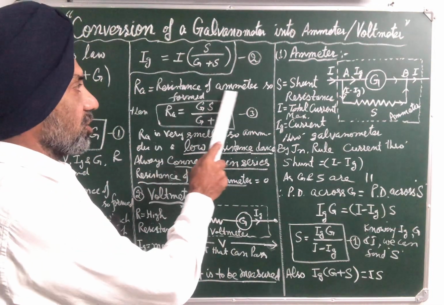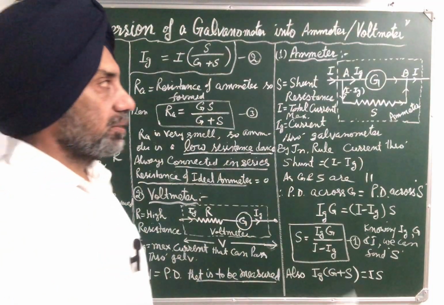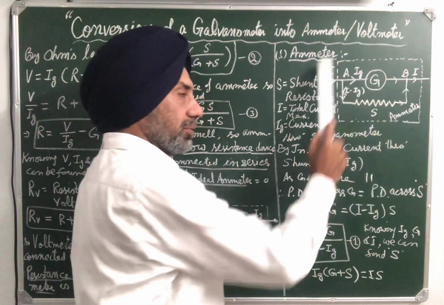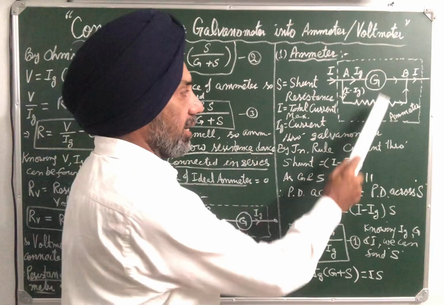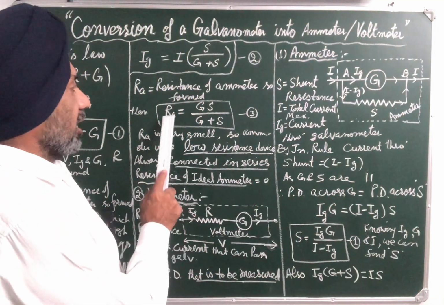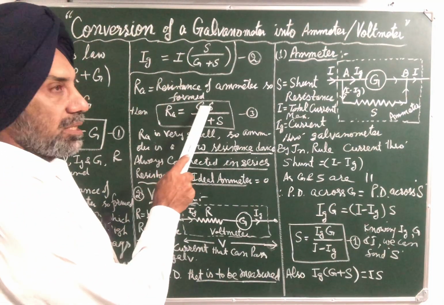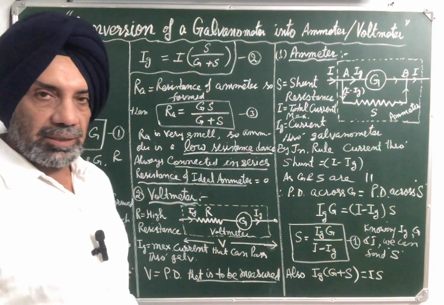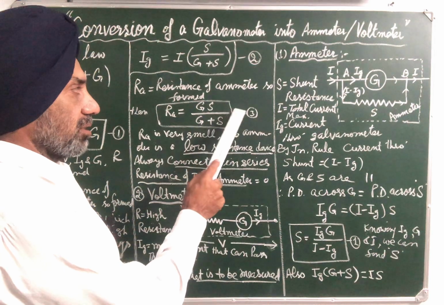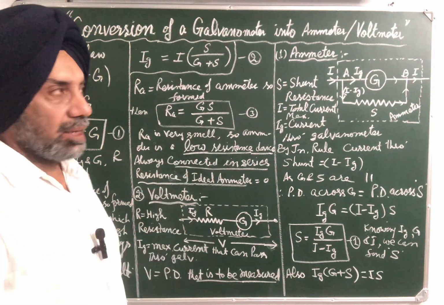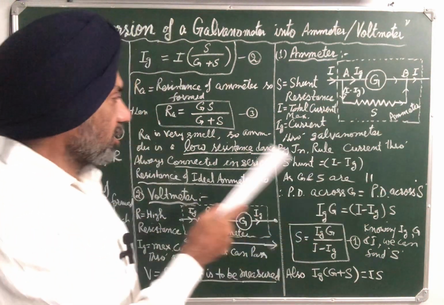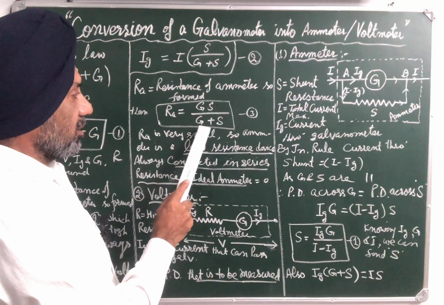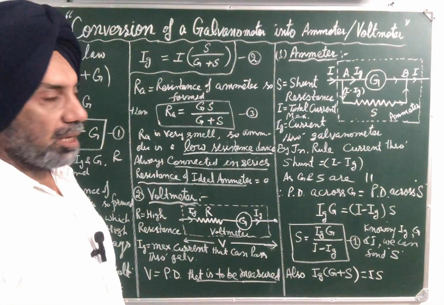Suppose Ra is equal to the resistance of the ammeter so formed. So total resistance of the ammeter so formed after parallel combination of G and S, Ra will be equal to G into S upon G plus S, because G and S are in parallel. For a parallel combination, equivalent resistance is given by R1 R2 upon R1 plus R2. So in this case, Ra is equal to G into S over G plus S.